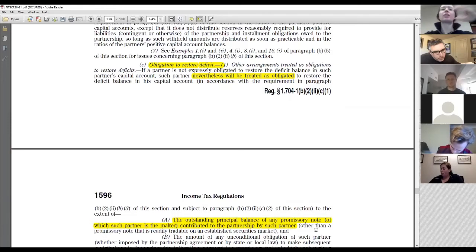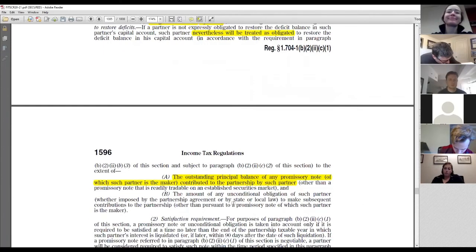So your promissory note counts as an LDRO. And by the way, so does any obligation to make subsequent contributions. So these are kind of like deemed LDROs. You're not literally obligated to restore deficits. You'll have something in your partnership where you say, I'm not obligated to restore deficits. But these things are treated like LDROs.